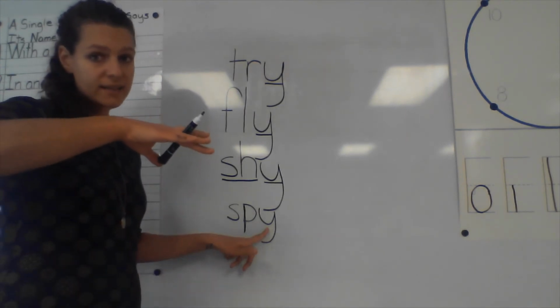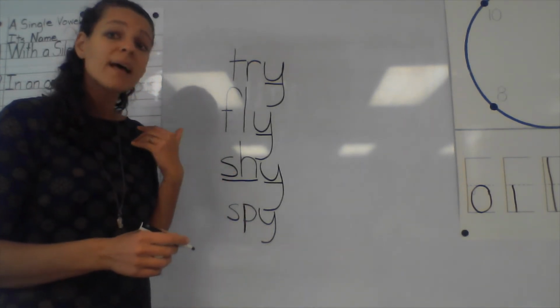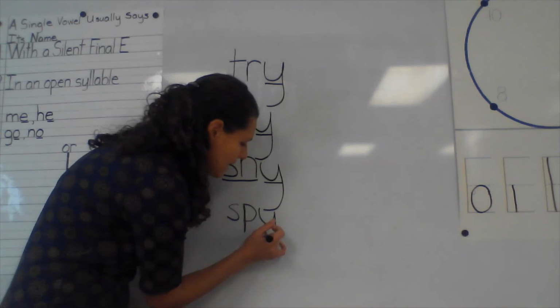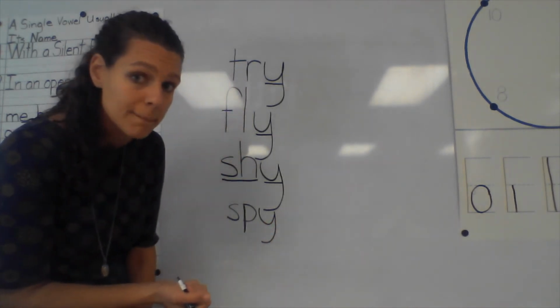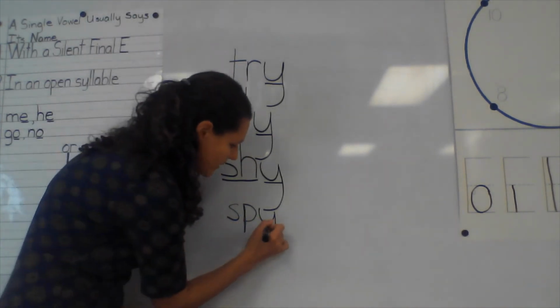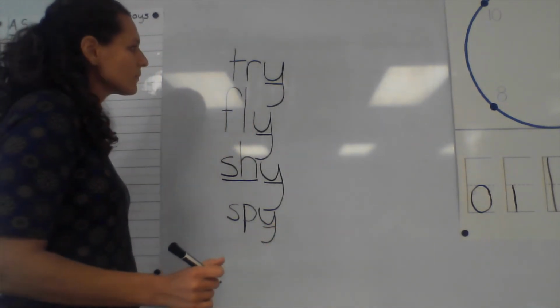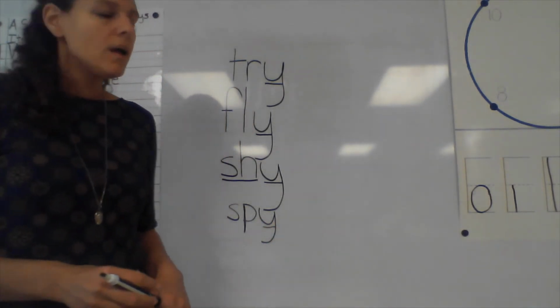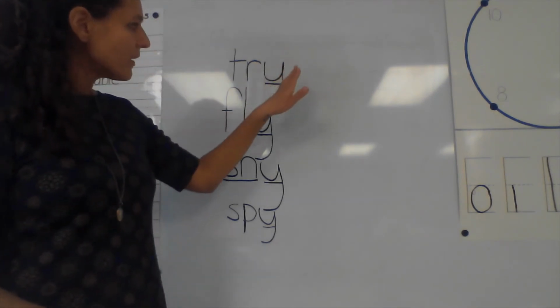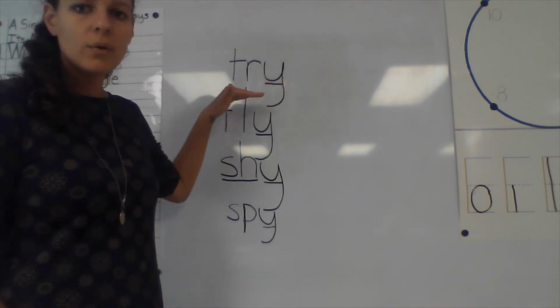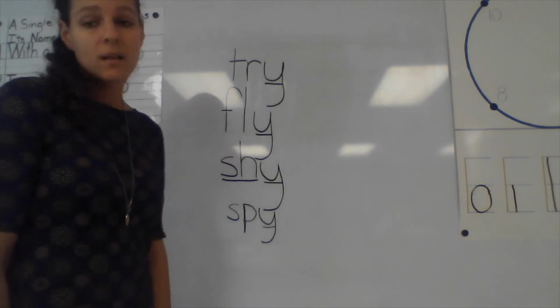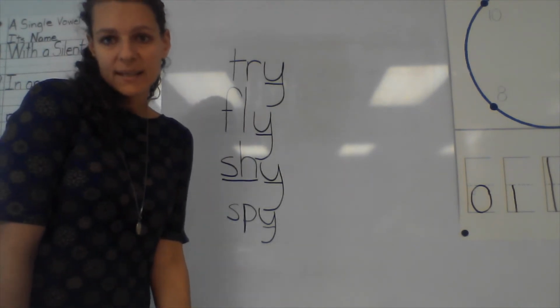Very good. We need to underline this because, say it with me, it's saying its vowel name. And how is it saying its vowel name? Very good. It is an open syllable. All right. So, class, will we ever have a one-syllable word that's an open syllable where I is at the end?